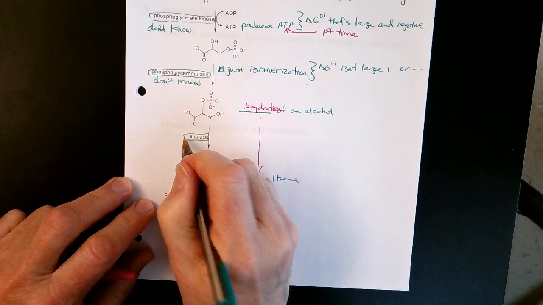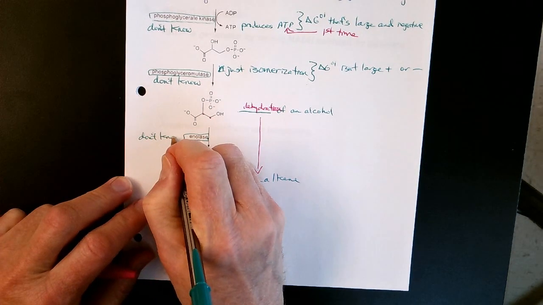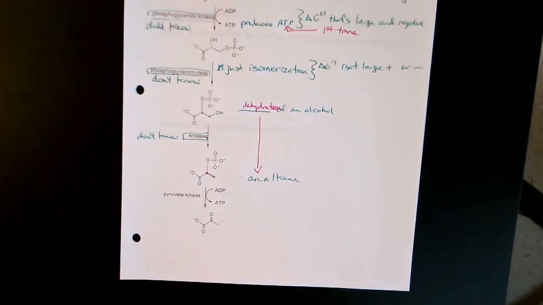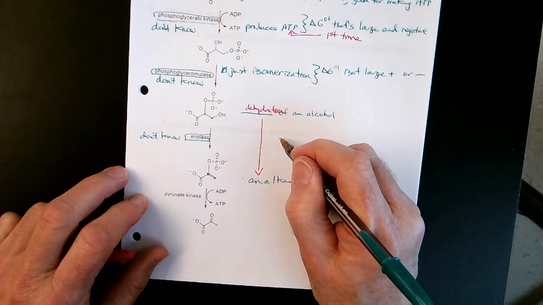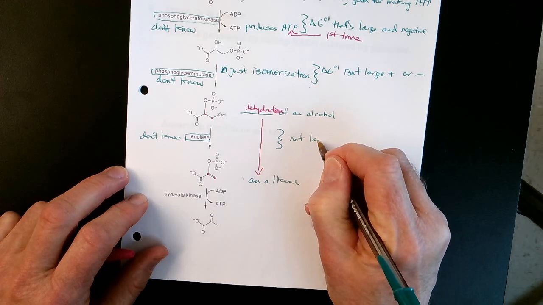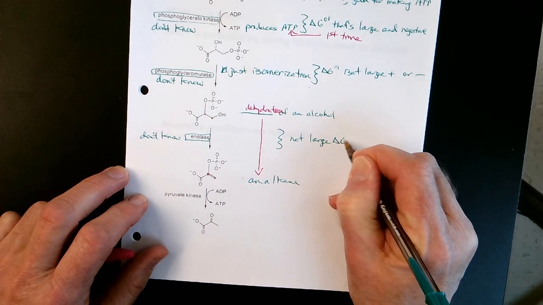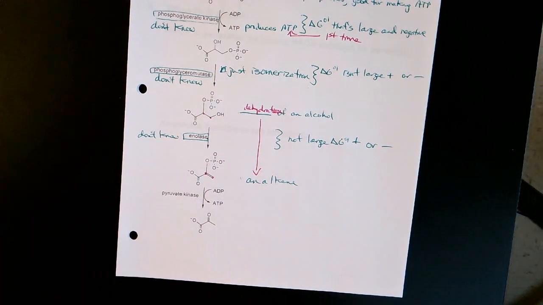Enzymes, sure, that's cool, but you don't need to know that. Okay, again, this reaction right here is not a large delta G prime, either positive or negative. There should be a theme, I hope, that's starting to emerge for you, and we're going to make one more review pass.